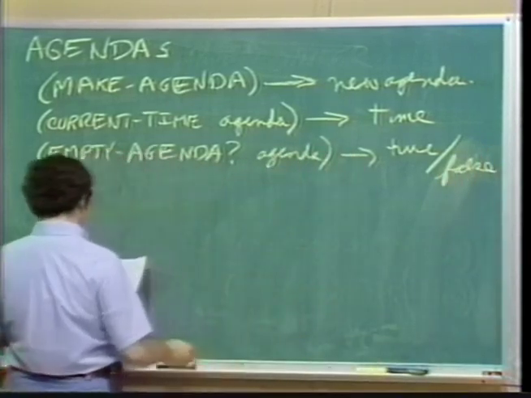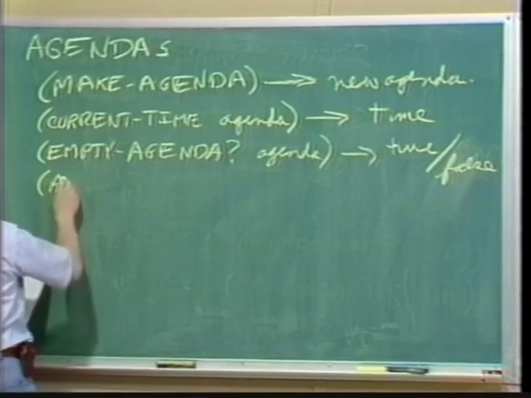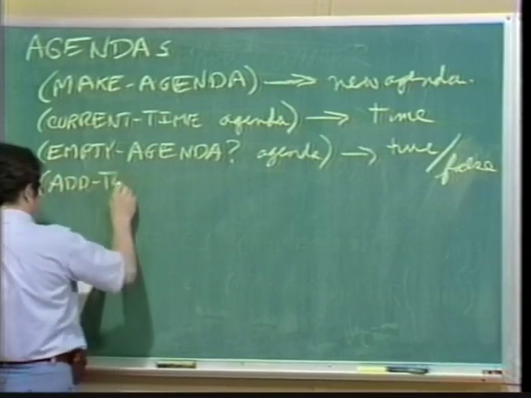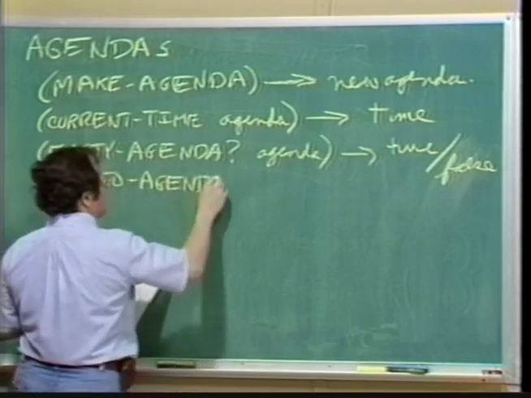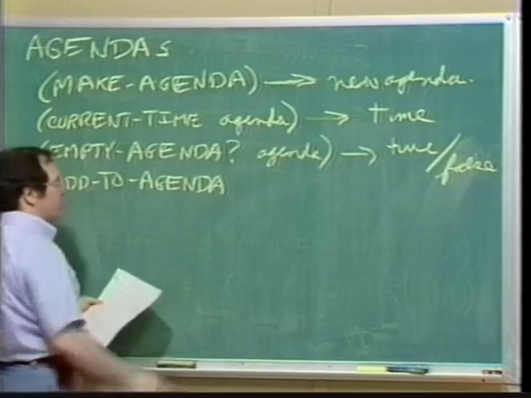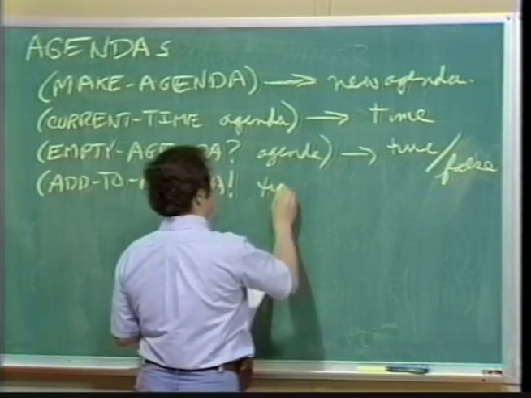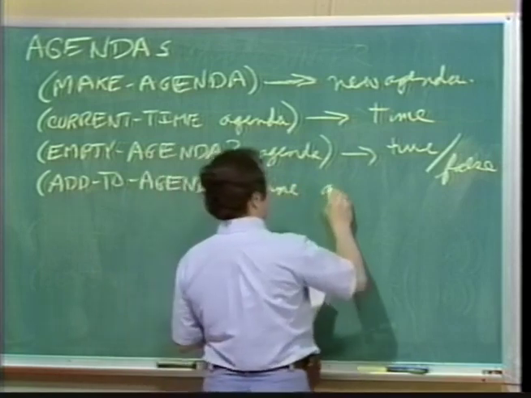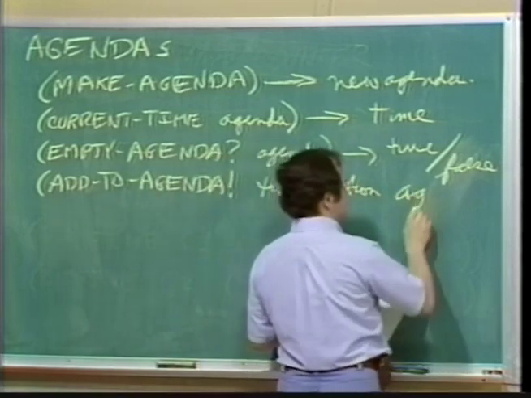We can add an object to an agenda. Actually, what we add to an agenda is an operation, an action to be done, and that takes a time, the action itself, and the agenda I want to add it to.